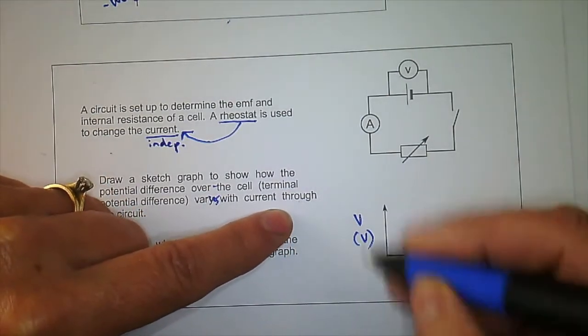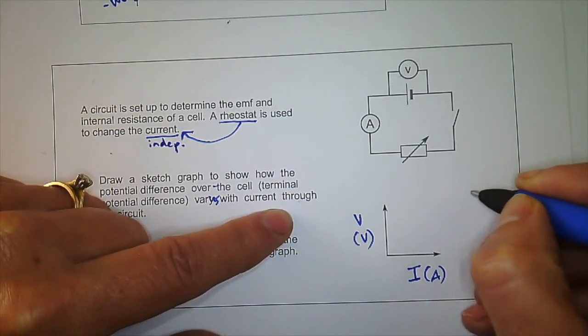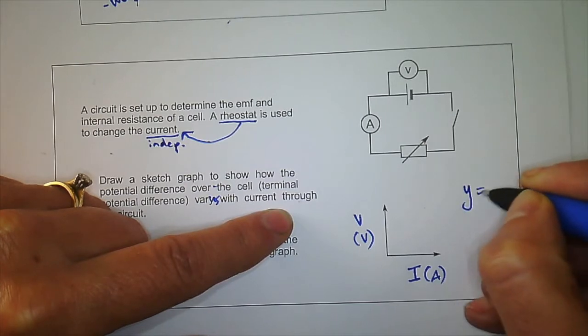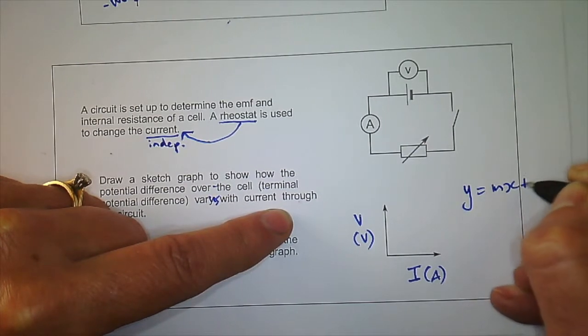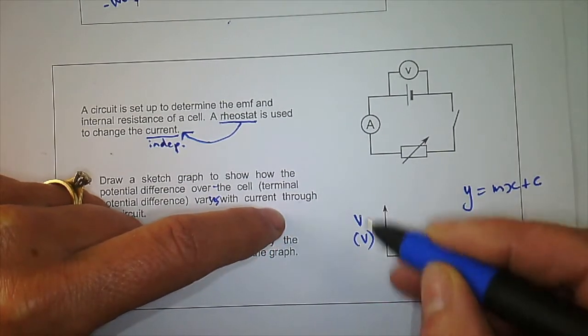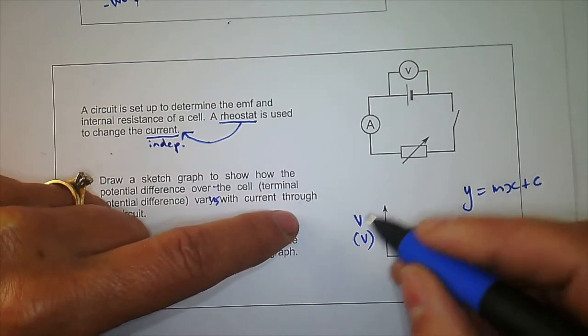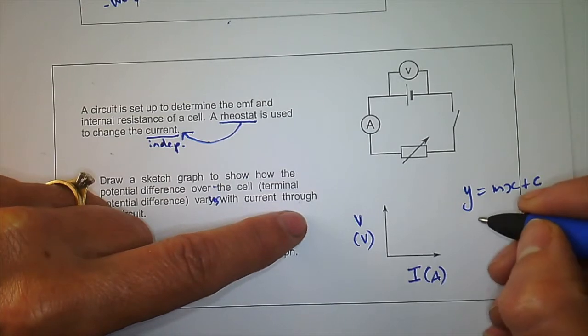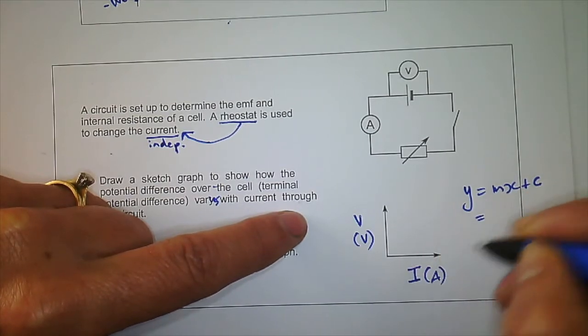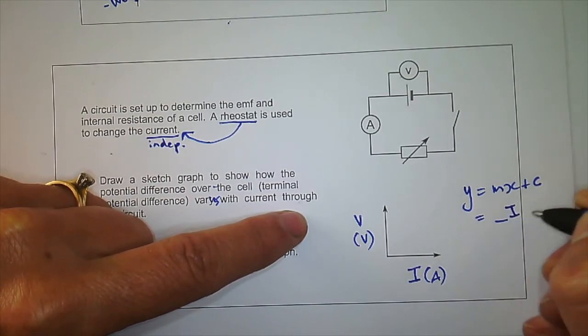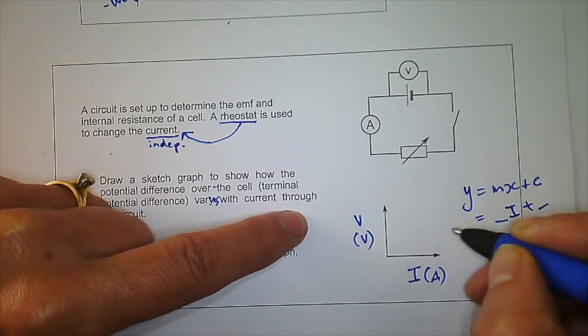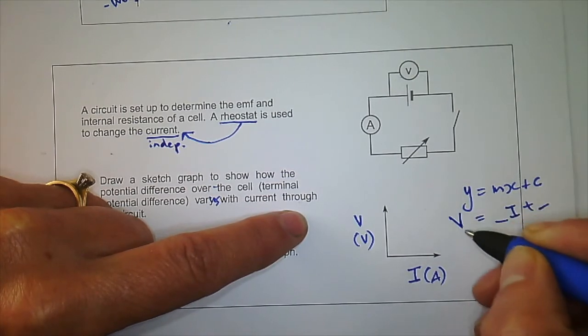Now, when we want to draw this line, we need to know how to write it to get to y equals mx plus c. What I need in the y position is a voltage, that potential difference, and in the position of x, I need a current.